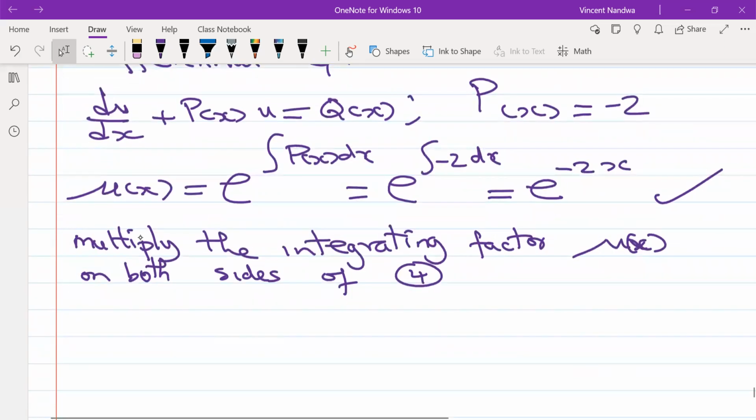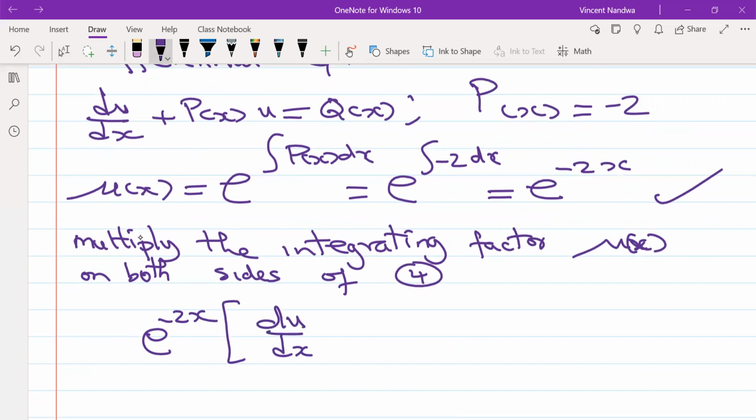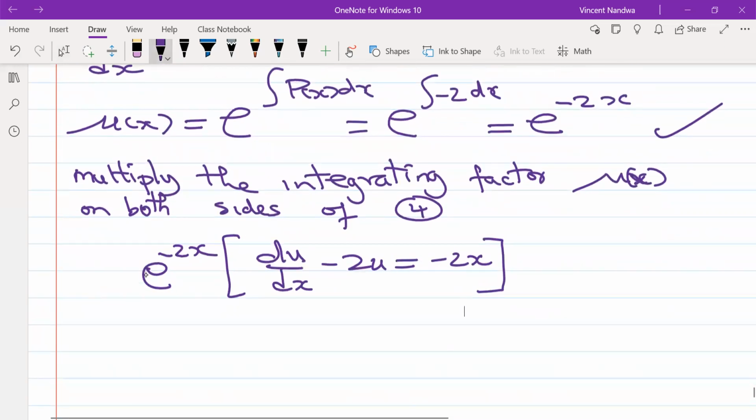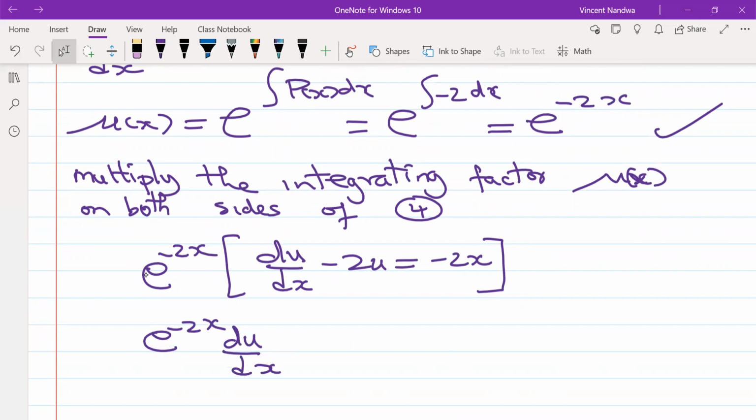So I'll have e power minus 2x du dx minus 2u equals to minus 2x, which is e raised power minus 2x du dx minus 2 e raised power minus 2x u.